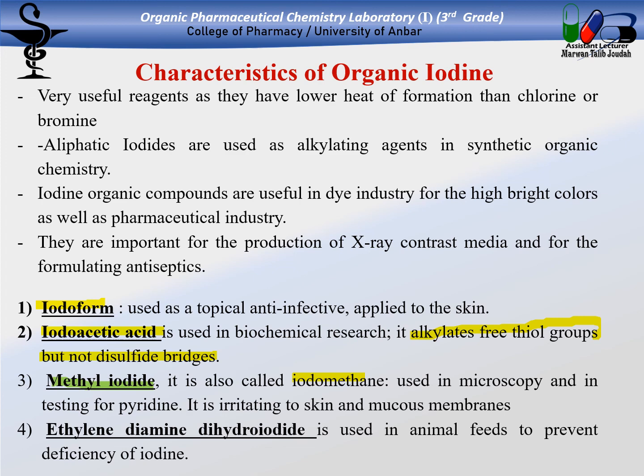Number 4, ethylene diamine dihydroiodide. This is one of the compounds of iodine, or derivatives of iodine. It's used in animal feeds to prevent deficiency of iodine.